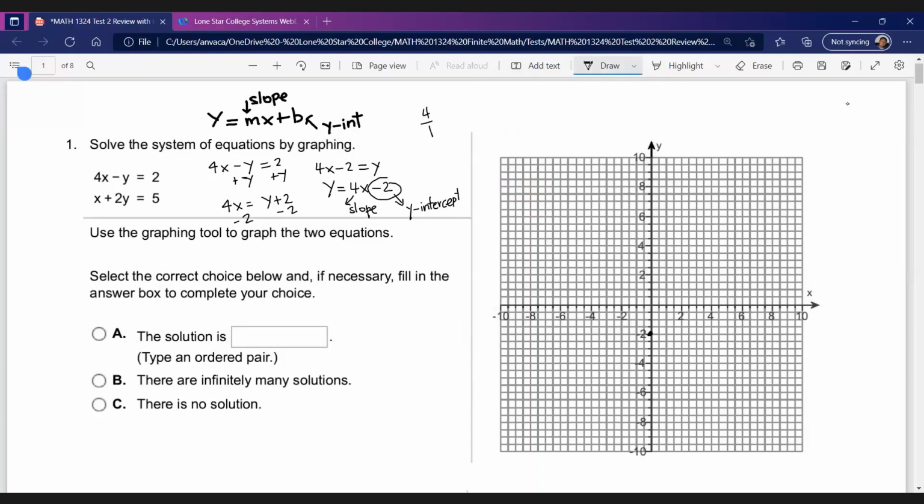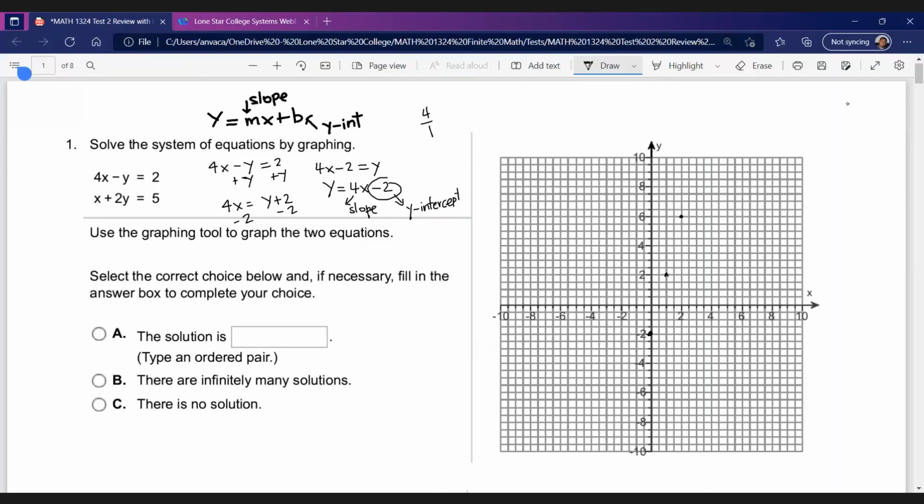So I'll go up 4 units. I don't really like the scale of this too much, but this will be 1, 2, 3, 4 over 1, and then from 2 to 6 over 1. Wow, this couldn't be any more painful to the eye.